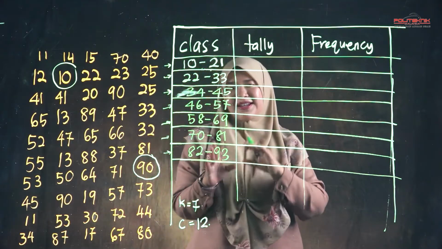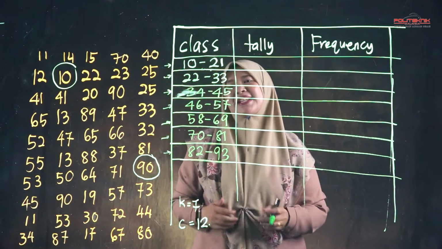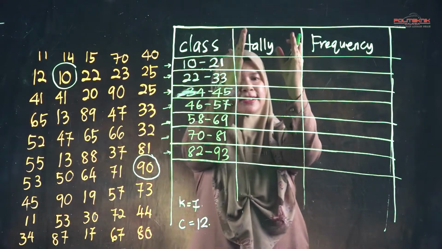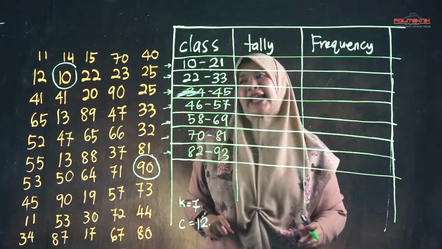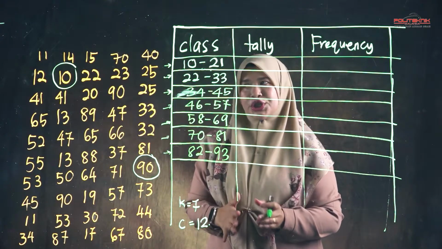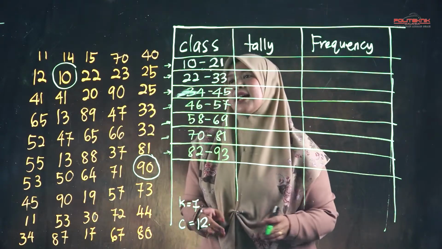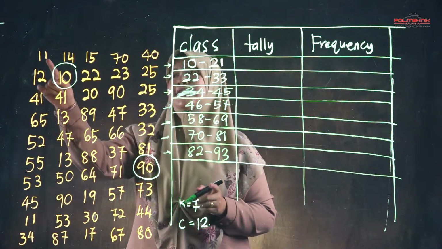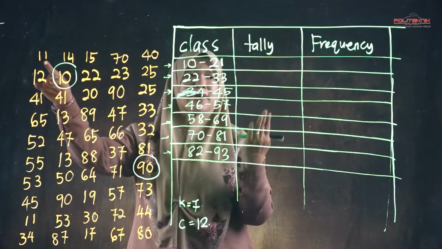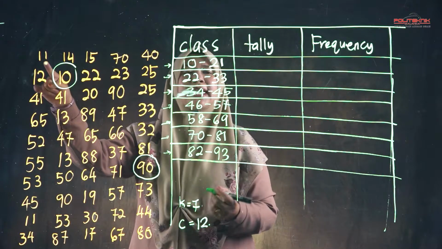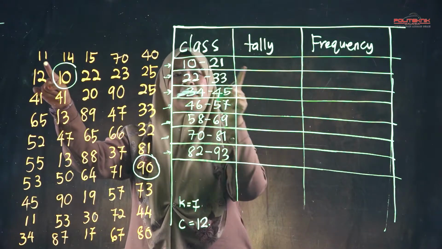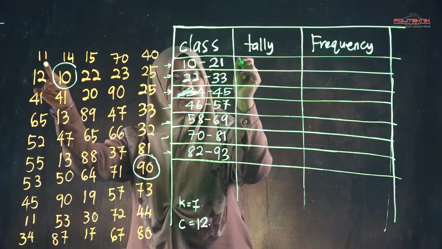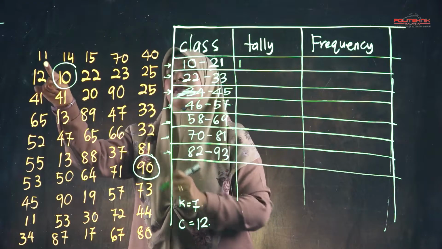The next step is a very fun step, which is we need to transfer the data into this column called the tally. So we just plug in the data. Take a look at what I do right now. This is the number 11. 11 is located here, so 11 is in this class. We just mark it here in the tally.